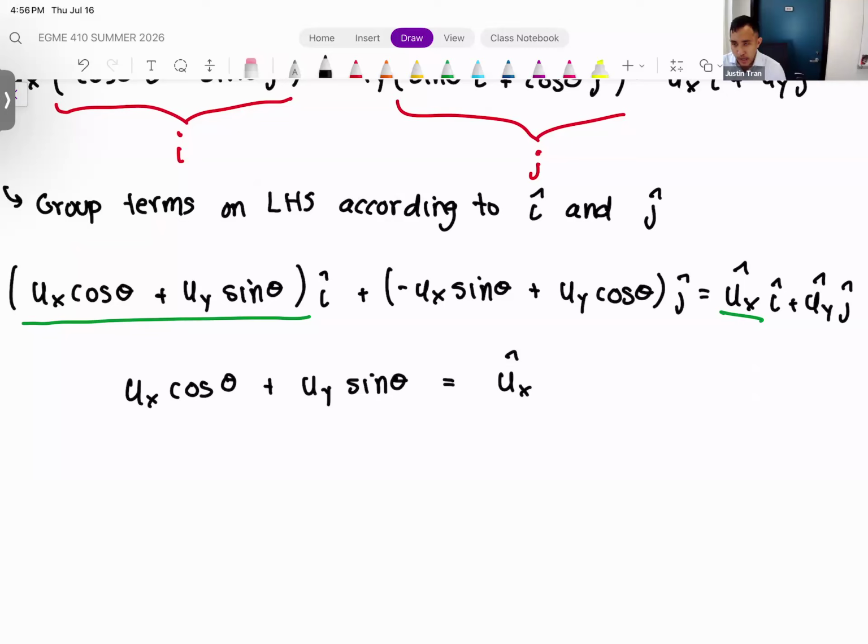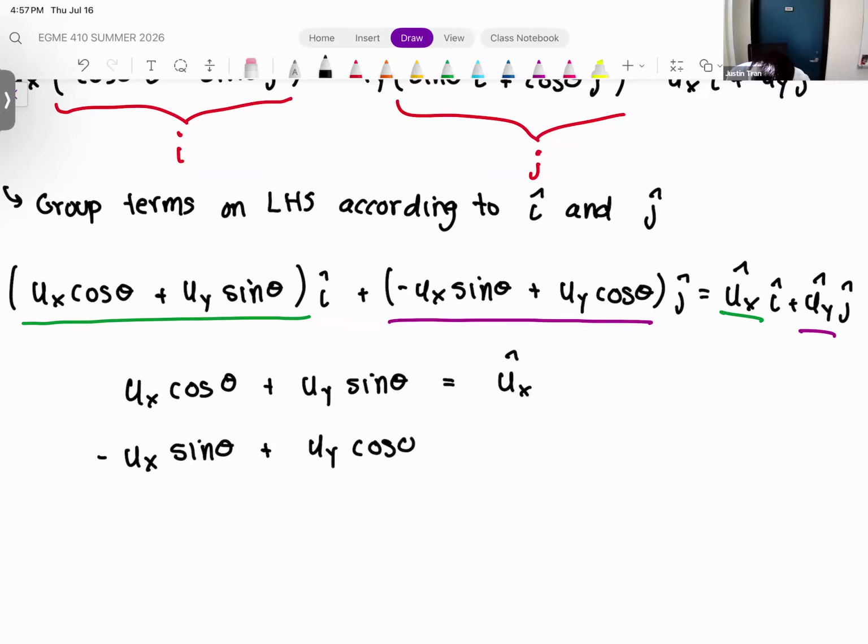That's the algebraic equation we obtained by equating the i hat terms. Then we get another algebraic equation from equating the j hat terms: minus ux sine theta plus uy cosine theta is equal to uy hat.